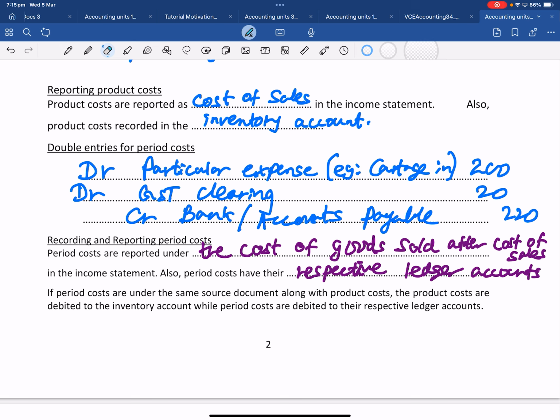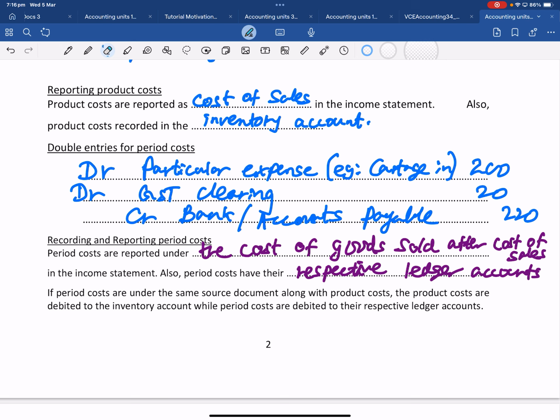Then we can't allocate separately to the inventory. Instead, we would debit the period cost into its own ledger account. Probably will have cartage in ledger account, or freight in, or modification cost, something like that. Then we debit the GST and credit the bank or accounts payable.